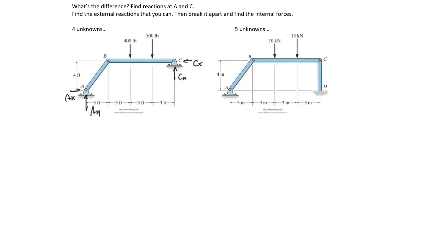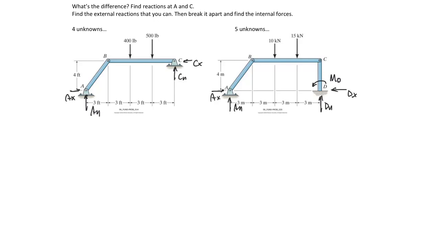Let's look at the unknowns over here. I have this AY, AX, and at D I have a DY, a DX, and because this is a fixed support, I also have a moment reaction, a moment about D. That gives me five unknowns, and clearly I can't solve that without breaking it apart.